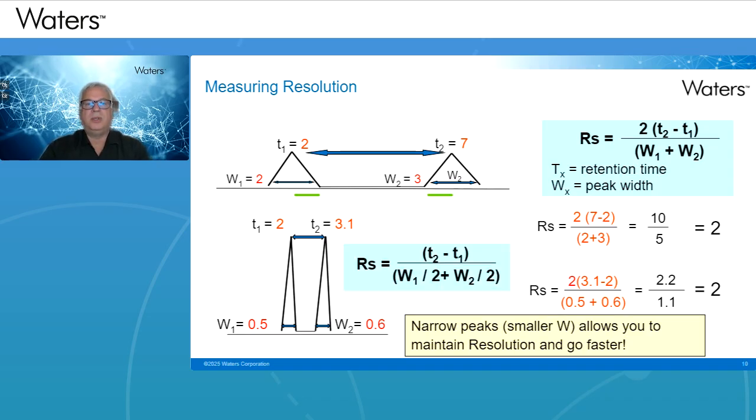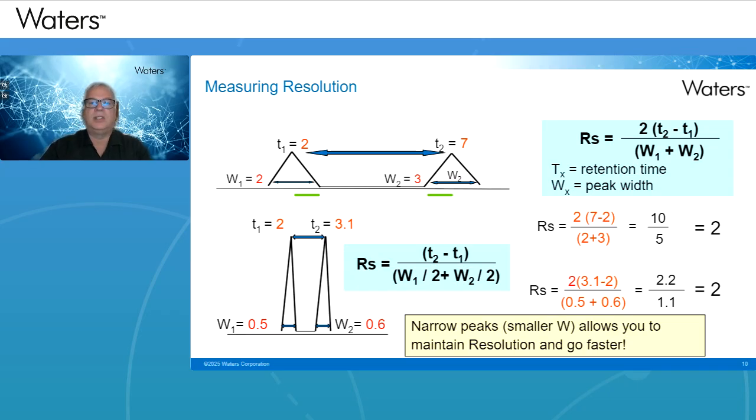Now, for people like me that prefer to visualize this equation, it's basically the distance between the two peaks. T2 minus T1 is the blue arrow. So that's the distance between the two peaks. And the denominator is the half peak width. So the green portion of the peak. We don't use that because it's more difficult to calculate.